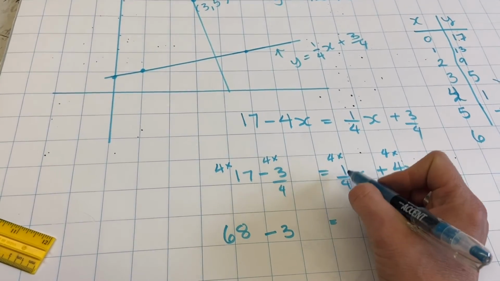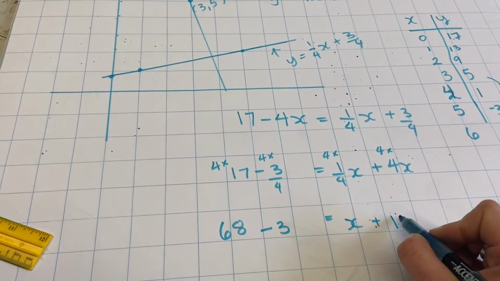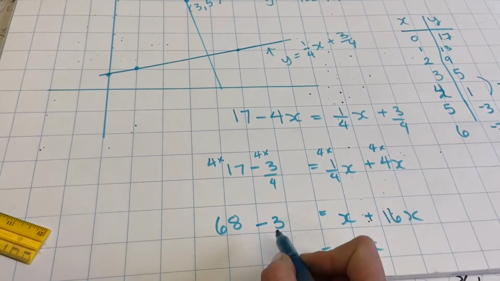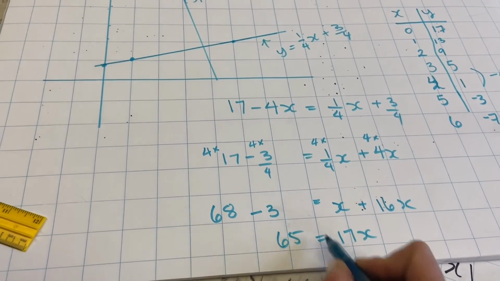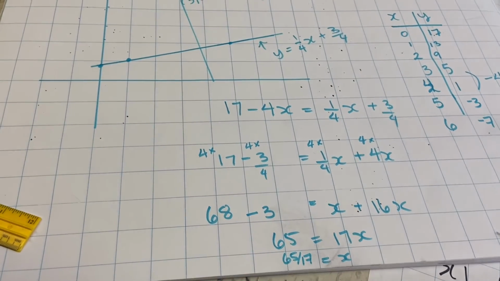And then 4 times 1 divided by 4 is just x. And then 4 times 4x gives me 16x. So I get 17x. And here's 68, 68 minus 3 is 65.